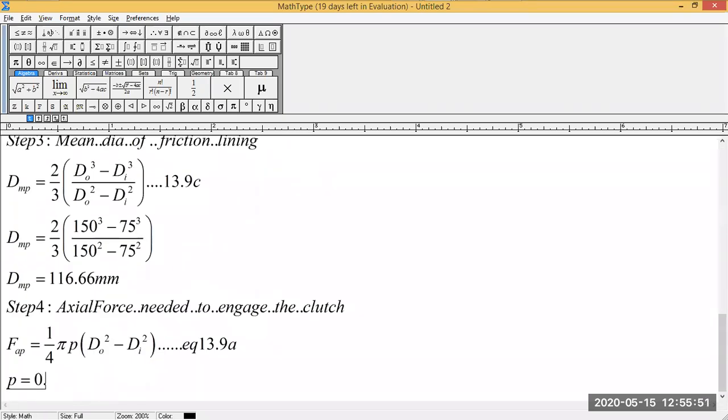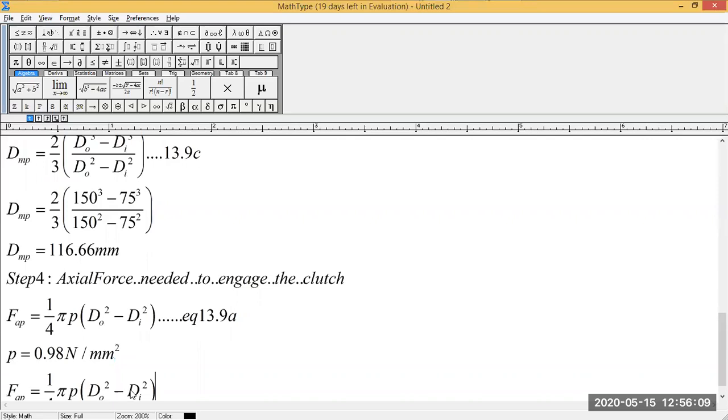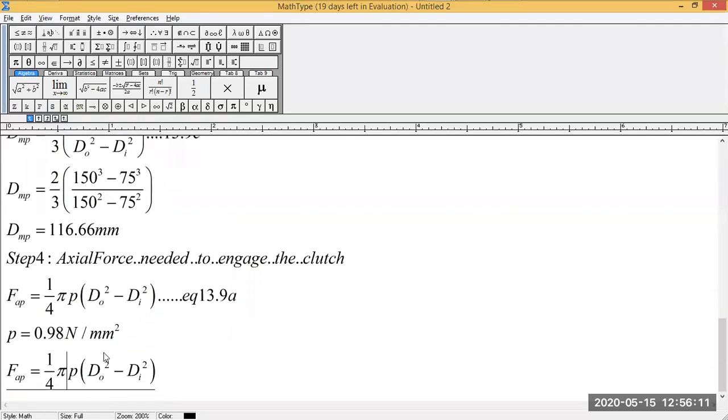So P is 0.98 Newton per mm square. Right. So we got P, and that's all we need to find out everything else. So FAP, that is friction axial force, considering the uniform pressure, will be 0.98 times D naught 150 over Di is 75.